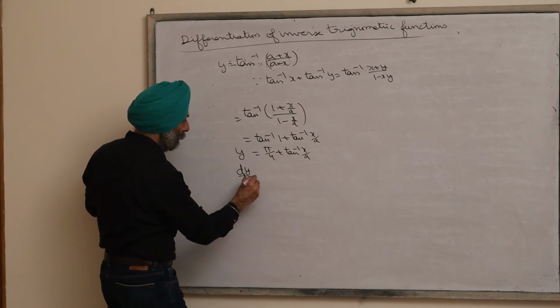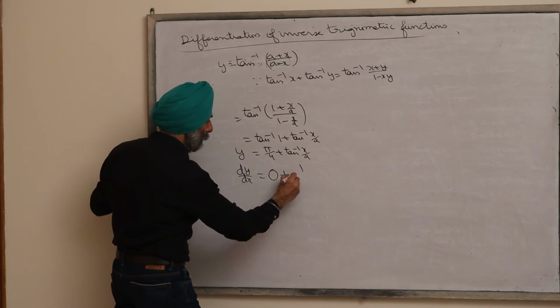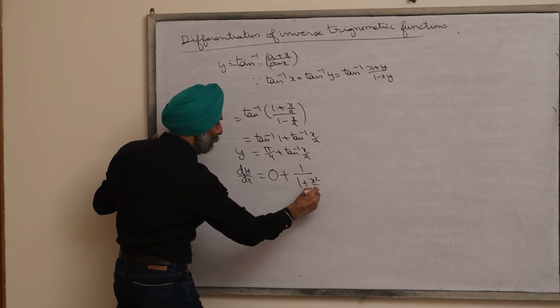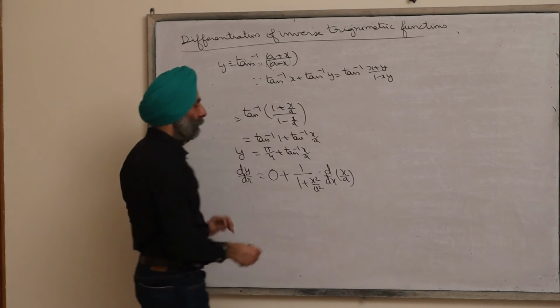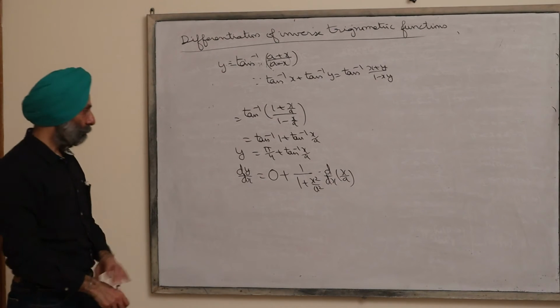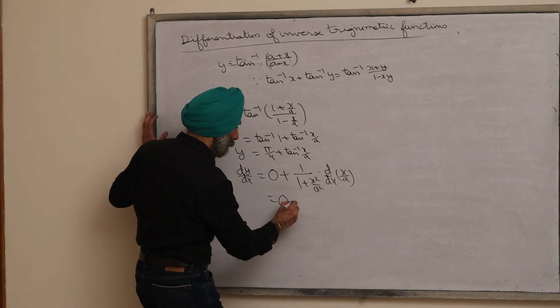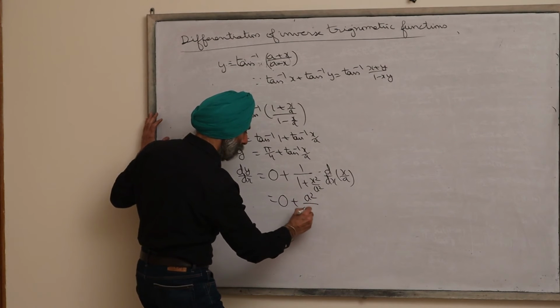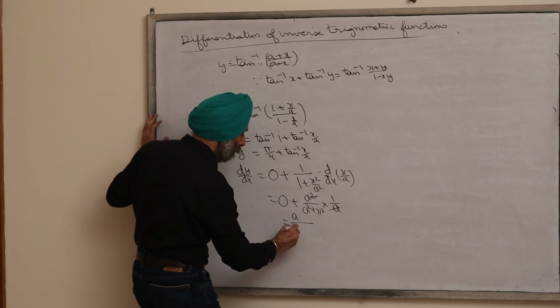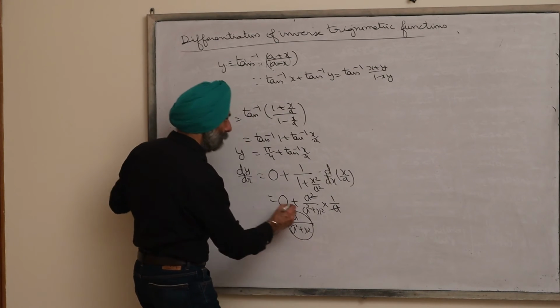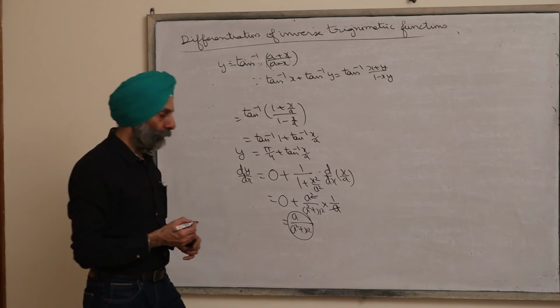So what is dy over dx? 0 plus 1 over 1 plus x square over a square into d over dx of x over a. It is 0 plus a square over a square plus x square into 1 over a, which is a over a square plus x square. This is the differential here.